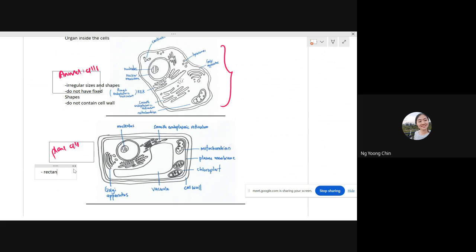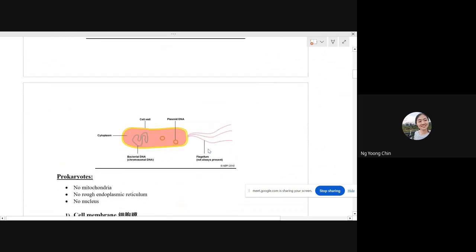Why do they have the fixed shape? Because they have the cell wall. The cell wall provides strength and also a fixed shape to the cell. Later we are going to study the difference between animal cell and plant cell, so you should clearly know the difference between them.